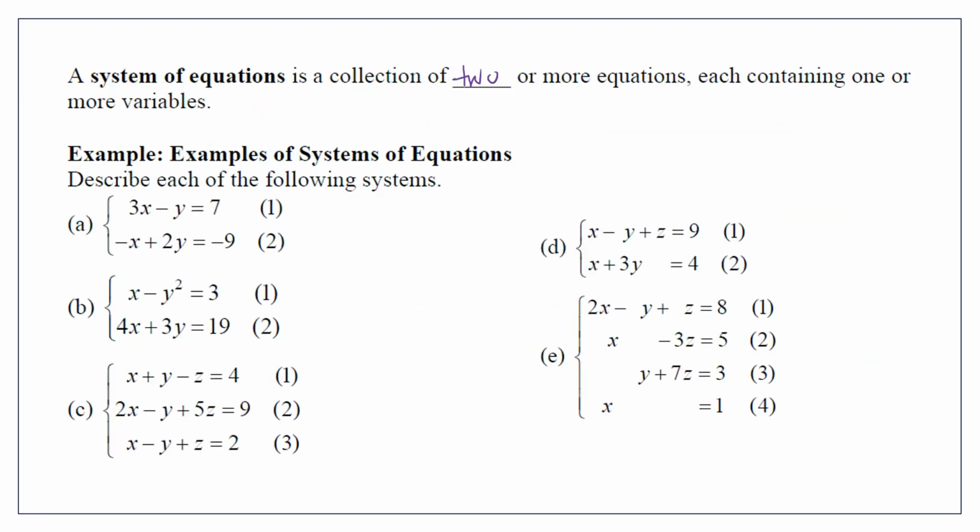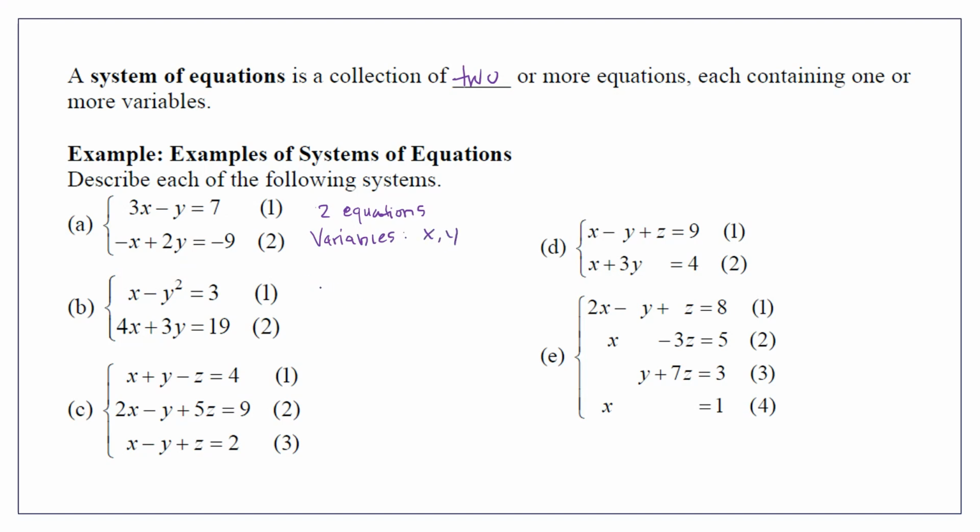For these examples, we're asked to describe each of the following systems. So for A here, we have two equations, equation 1 and equation 2, and our variables are x and y.